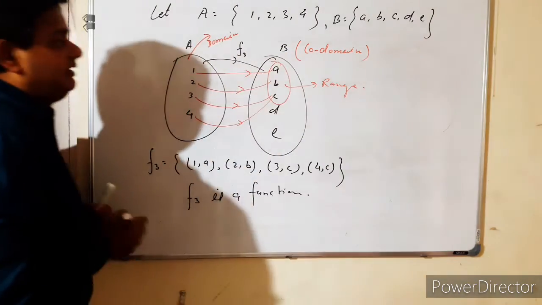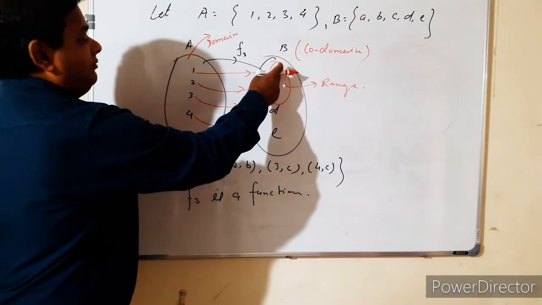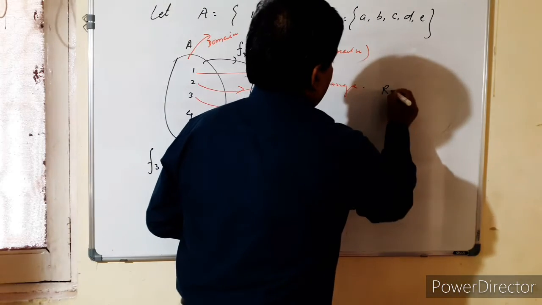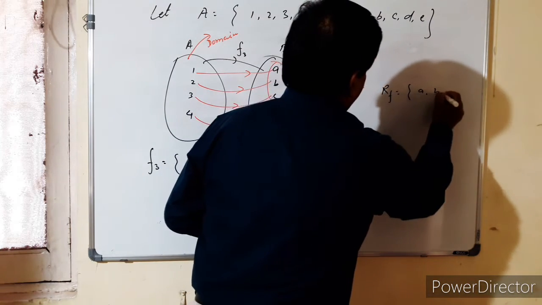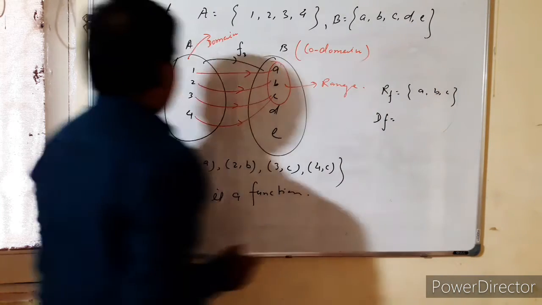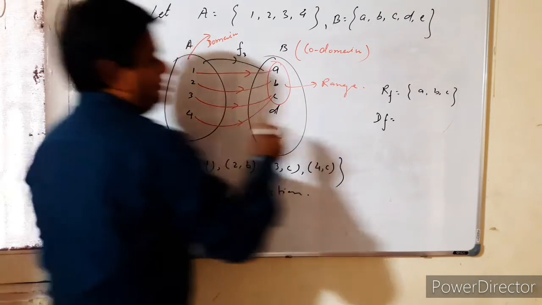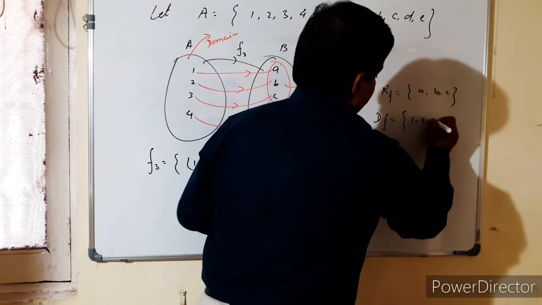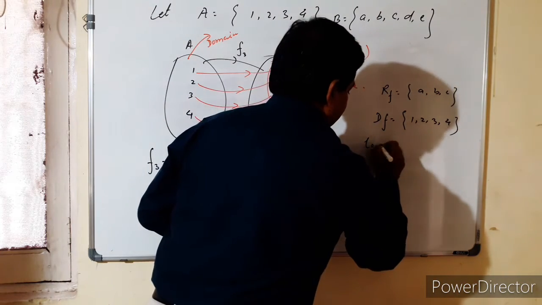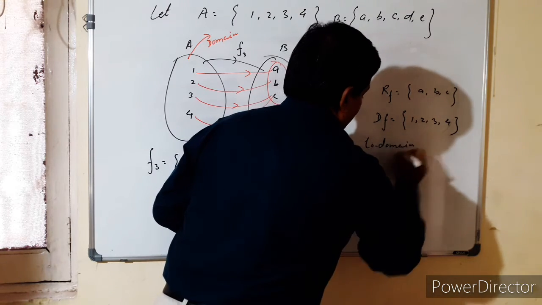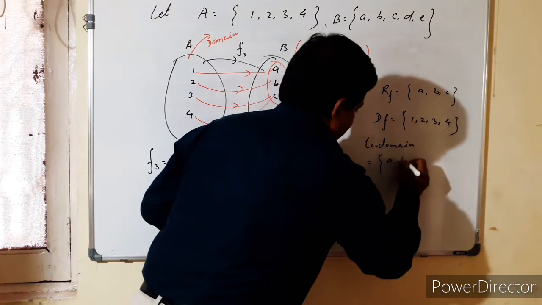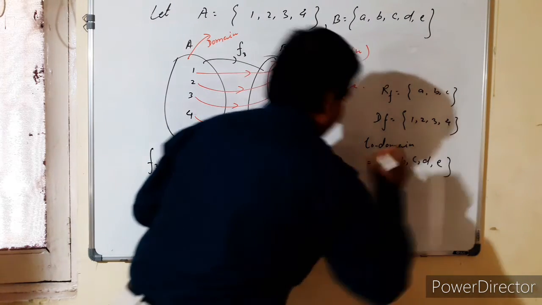So range RF is equal to A, B, C. Domain DF is 1, 2, 3, 4. And codomain is A, B, C, D, E.